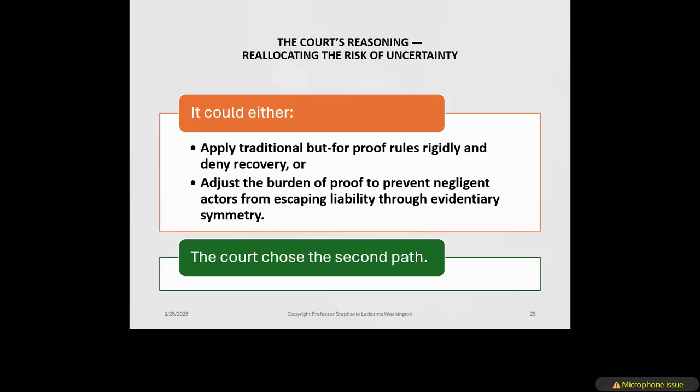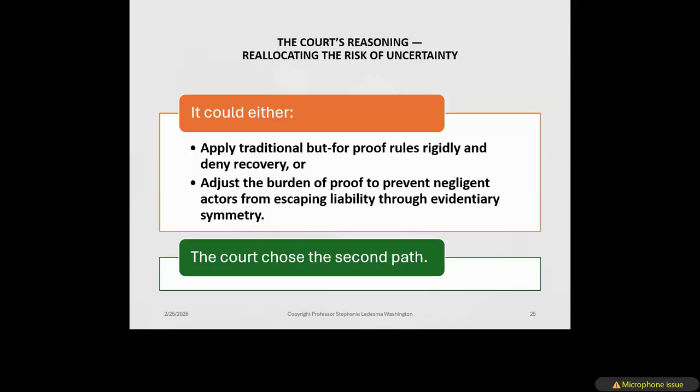The Summers v. Tice court faced a doctrinal crossroad. The Supreme Court of California said, we can do one of two things. We can apply traditional but for rigidly, which is going to deny recovery to this plaintiff, or we could shift the burden.